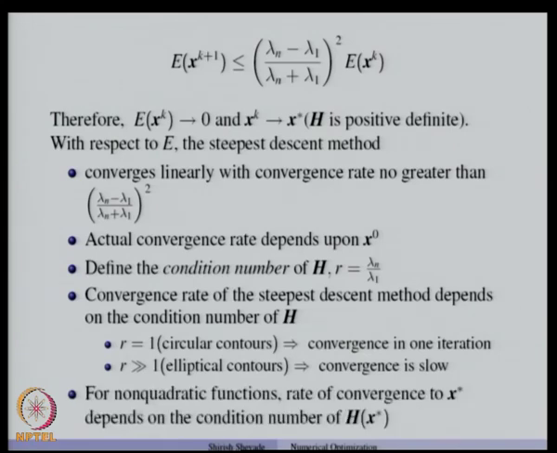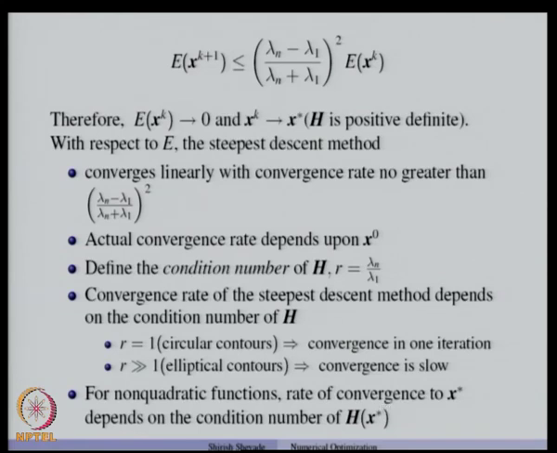Now, for non-quadratic functions, as I said, at the minimum x star, the behavior of the function is typically like a quadratic function, and therefore the rate of convergence of the steepest descent method to x star depends upon the condition number of the Hessian matrix evaluated at x star.